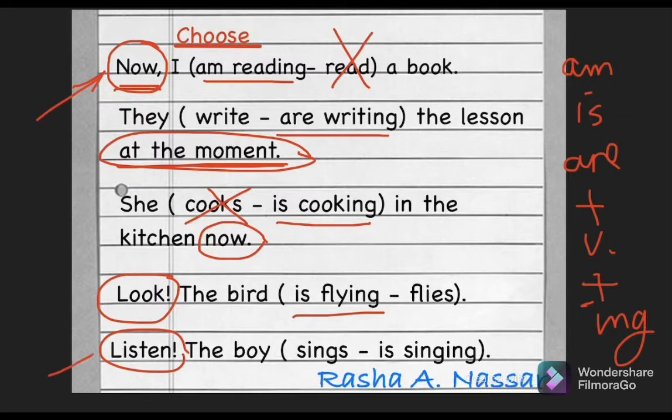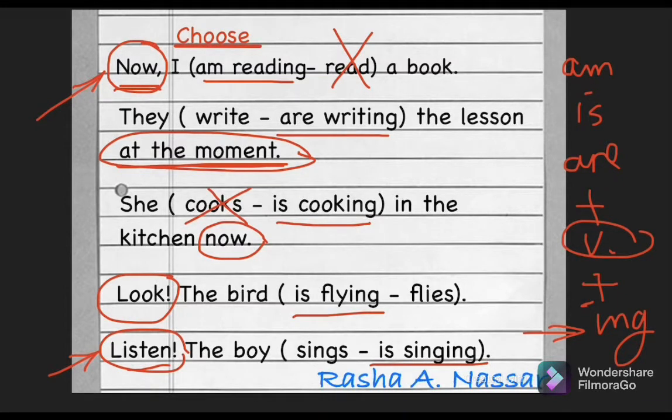This is the key word of which tense? This is the key word of present continuous tense. So I will use am or is or are plus verb plus ing. So I will choose is singing. Why? Because here I have listen.